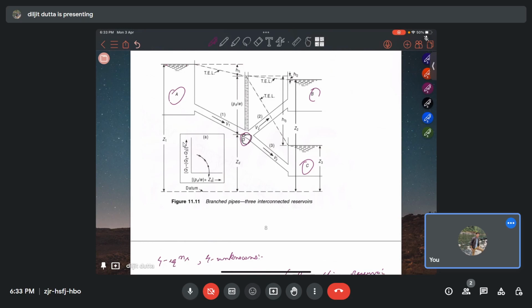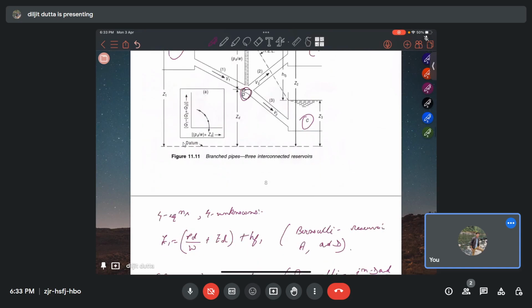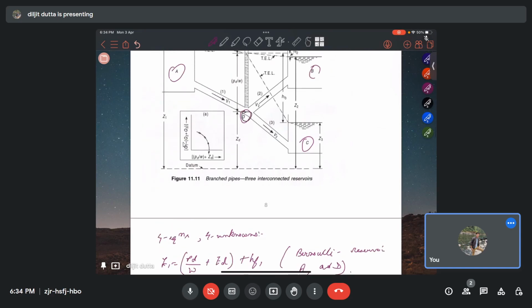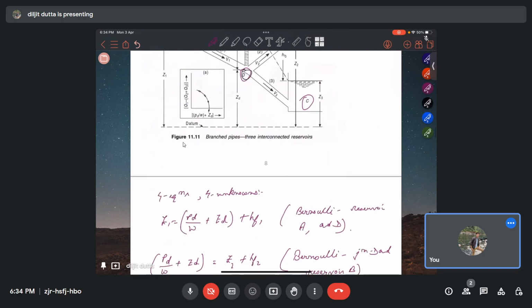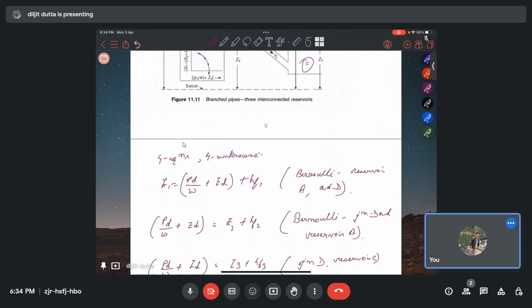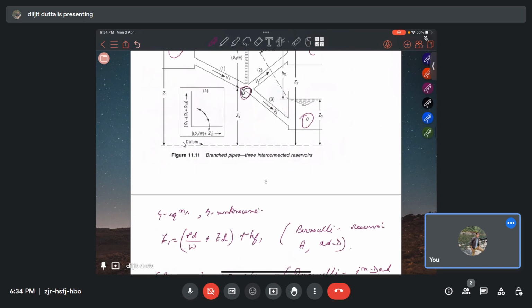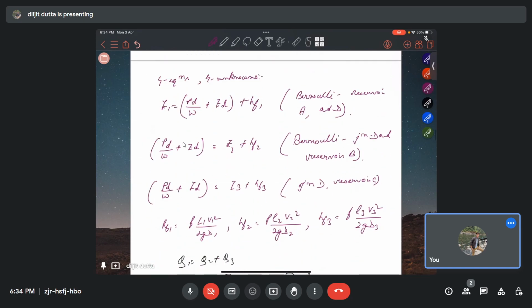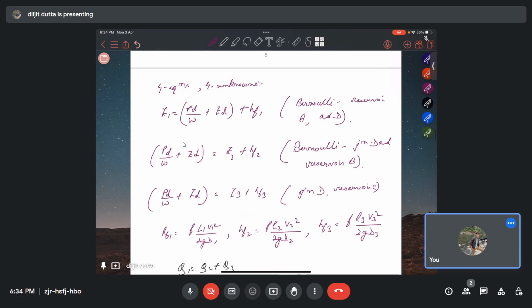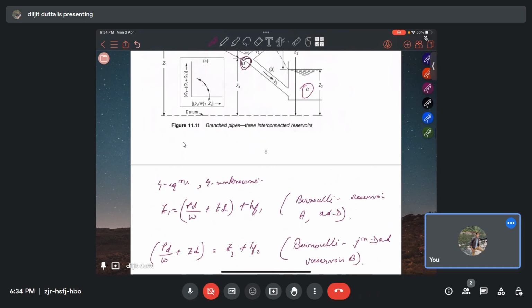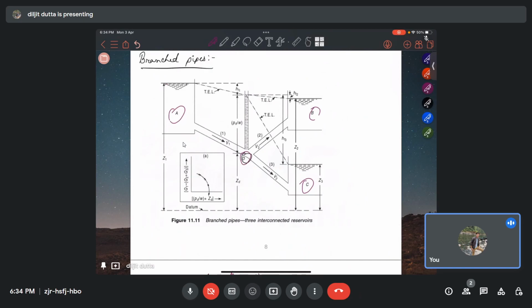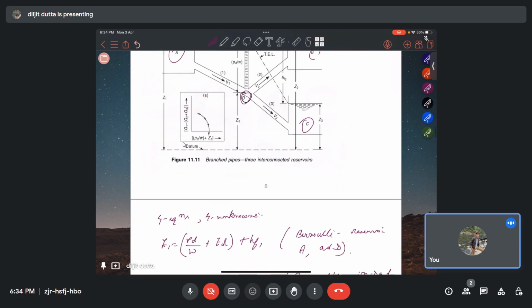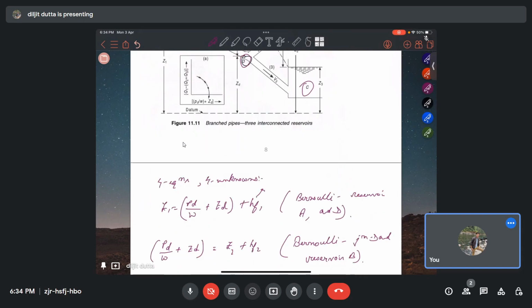And there will be the velocity head, that is V1 squared by 2g, and lastly we will have the head loss term, that is HF1, and this head loss will come as f L V squared by 2g D.